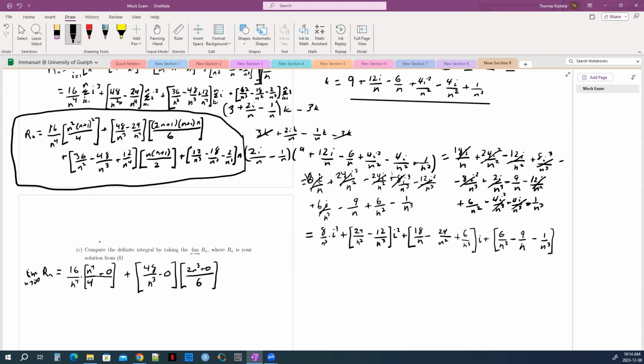And if you expanded your limit, you can determine that for yourself. Next, we're going to get 36 over n squared plus 0 equaling n squared plus 0 over 2, plus, and this is actually going to give us 0 in the end.